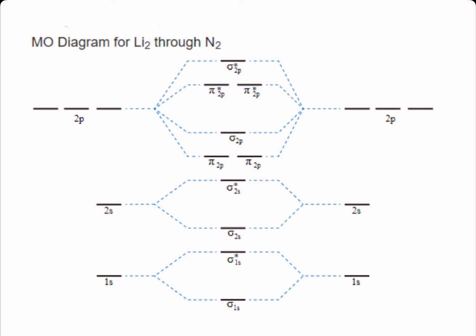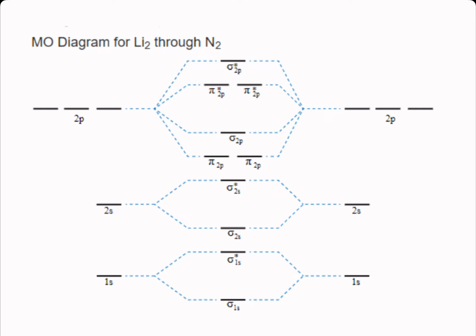This is the specific filling up order for atoms between lithium and nitrogen. The orbitals that don't have stars on them are called bonding orbitals, and the electrons in these orbitals are called bonding electrons. The orbitals that have stars on them are called the anti-bonding orbitals, and the electrons in these orbitals are called anti-bonding electrons.